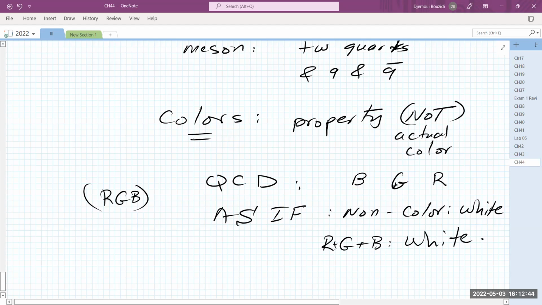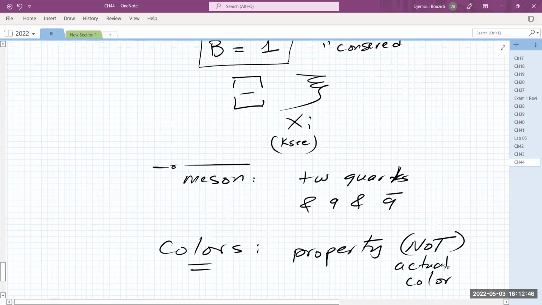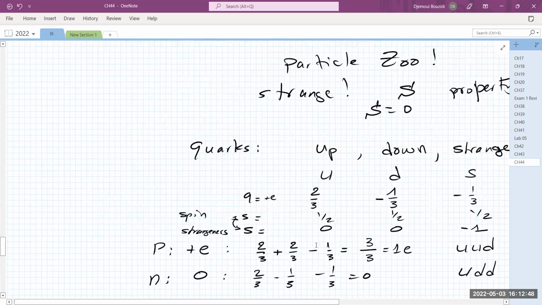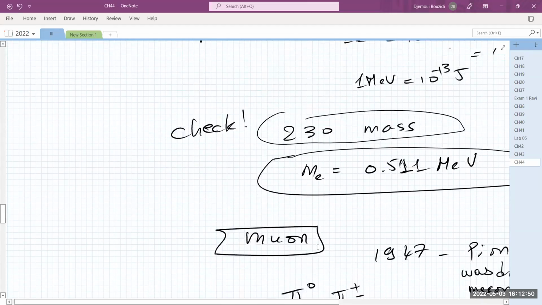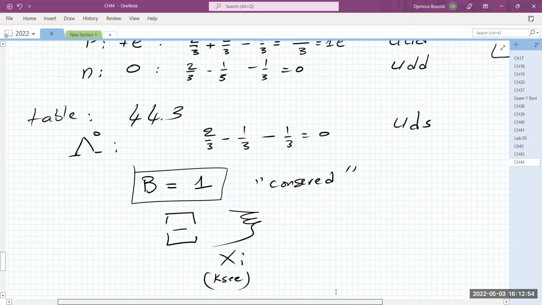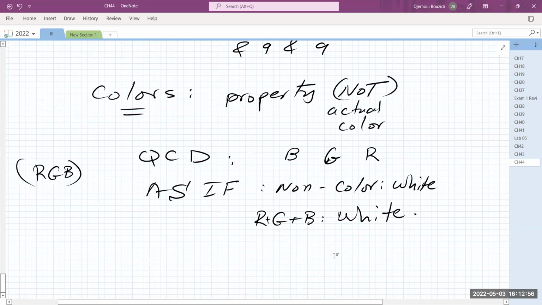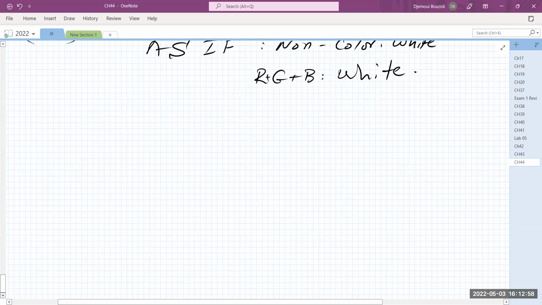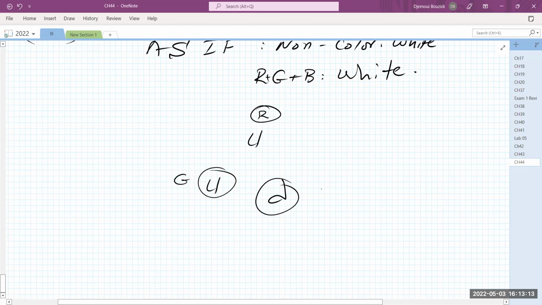So inside a proton, for example, or a neutron, you must have a colorless particle, meaning one U, another U, and a D. So we're talking about a proton here. If this one is red and this one is green, for example, this one must actually be blue.